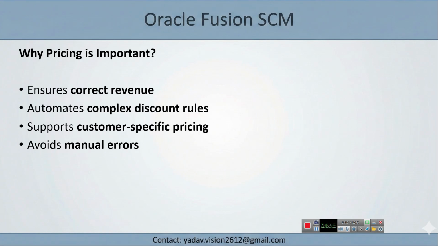But that is completely manual, so you may have a chance of data entry errors as well. If you have the pricing engine and the rules in place, you don't need to insert the price manually. The system automatically calculates your price and it gets reflected. It will always help you in increasing your revenue.